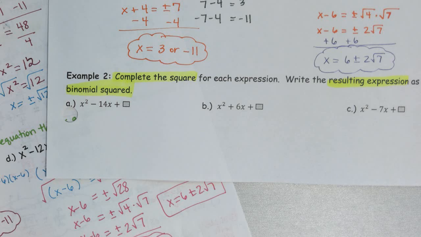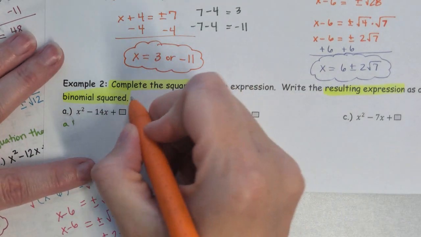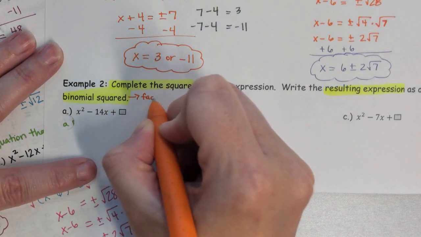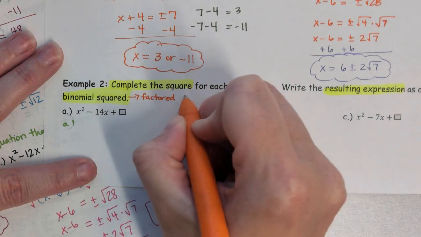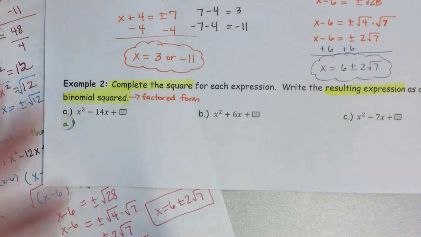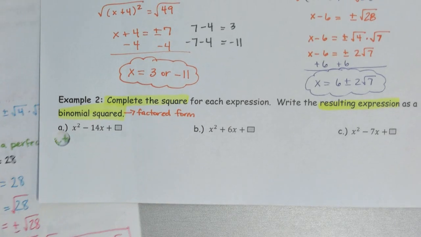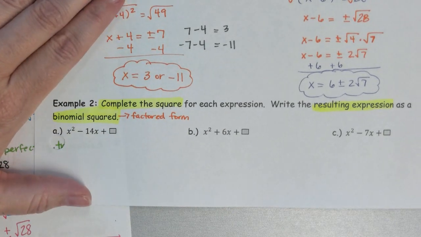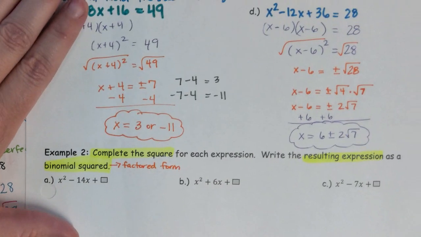Really, the binomial squared is just another way to say that we are writing this in factored form. And when you are completing the square, it is just like the perfect square trinomial. We're going to look at a few things with that to help us with A, B, and C.